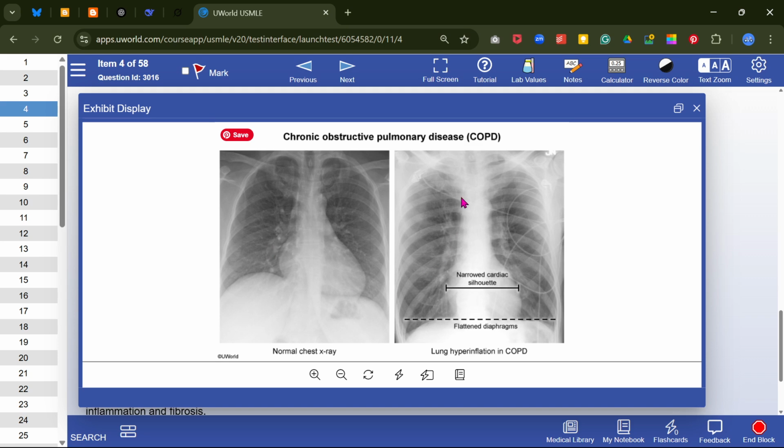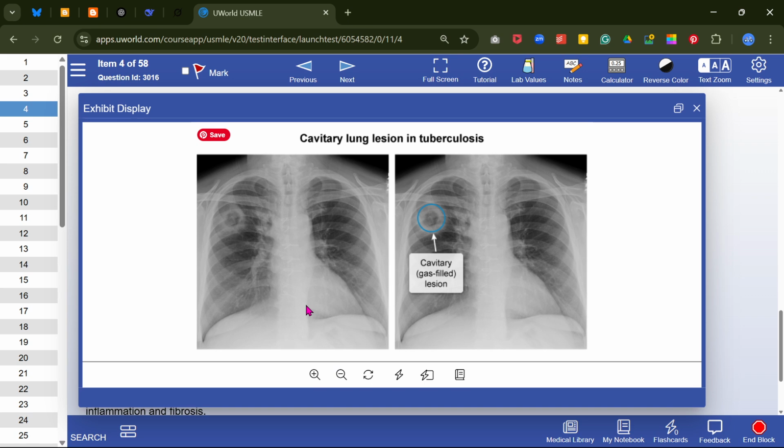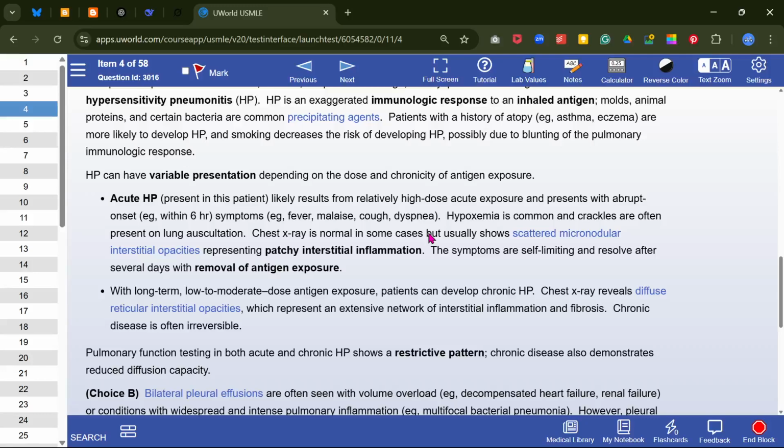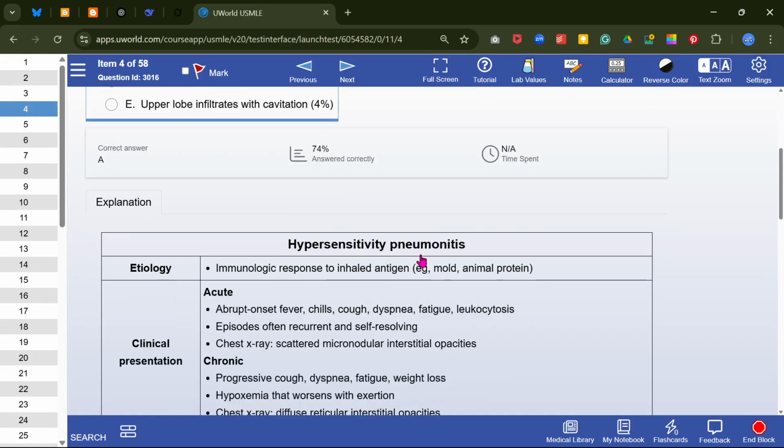Hyperinflation of more than 8 ribs is seen in COPD, with normal cardiac shadow and flattened diaphragm. Upper lobe infiltrate with cavitation, a gas-filled lesion, is seen in tuberculosis. So these are the things you should have in your differential before concluding it is hypersensitivity pneumonitis.